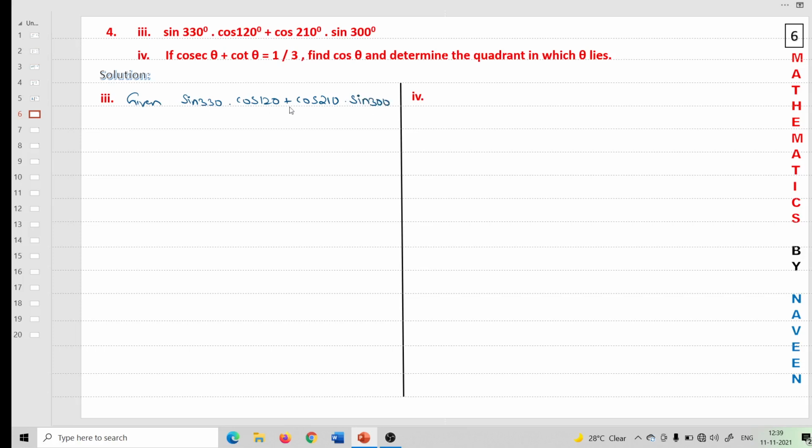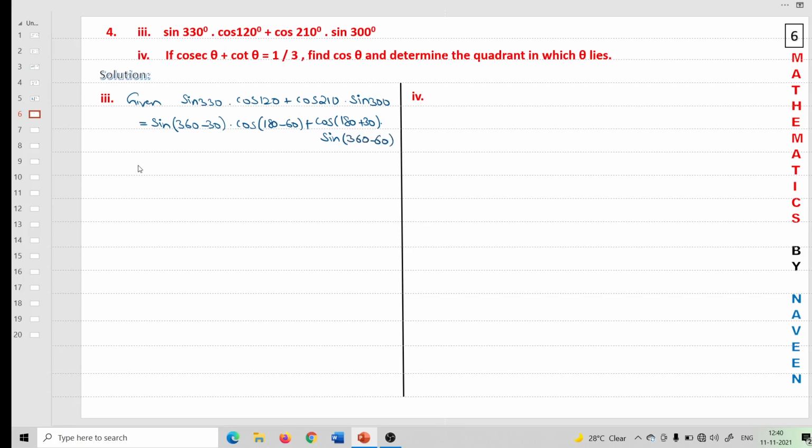So we have to write these angles in terms of known angles. For that I am writing sin of 330 as 360 minus 30, into cos of 120, which is 90 plus 30 or 180 minus 60, whatever it may be. Right? So I am writing it as 180 minus 60, plus cos 210, that is cos of 180 plus 30, into sin of 300, which is 360 minus 60.